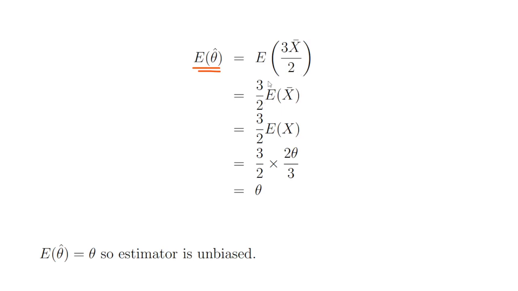We can take out the constant terms, so we have 3 over 2 times the expected value of x bar. The expected value of x bar is by definition the expected value of x. So we end up with 3 divided by 2 times 2 theta divided by 3, and that works out to be theta. The expected value of theta hat is theta, so this is an unbiased estimator of theta. Okay, we'll leave it there.